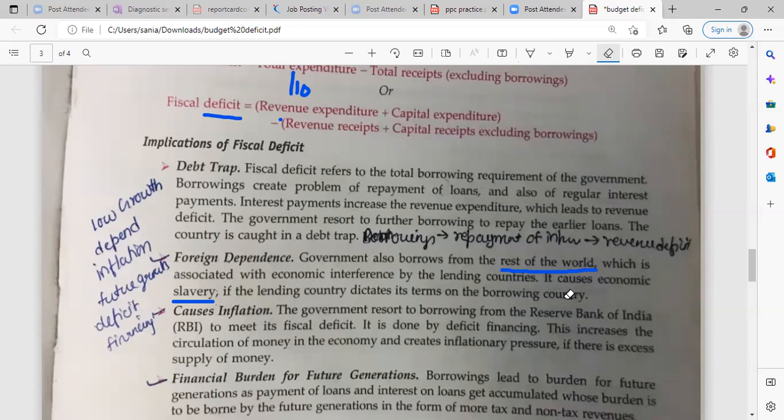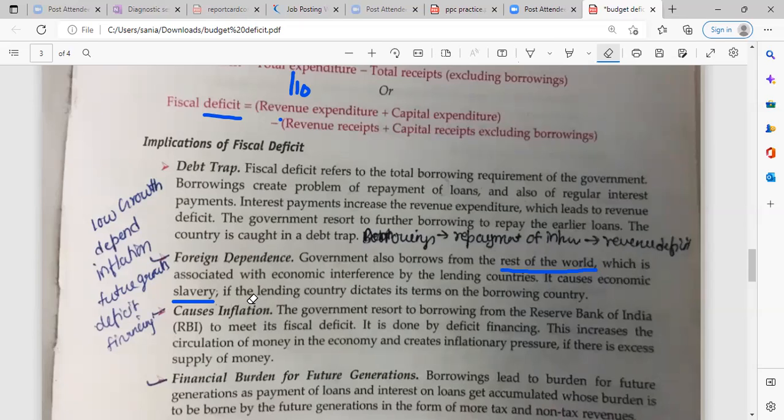Dictates its terms on the borrowing country. Basically I am ruling over you, right? And because of that, you will be my slave. See, I am taking money only, then you are becoming this. If you would not have taken money from me, I would have never dictated to you. I would have never made you my slave. But since you are taking money from me, it causes economic slavery.